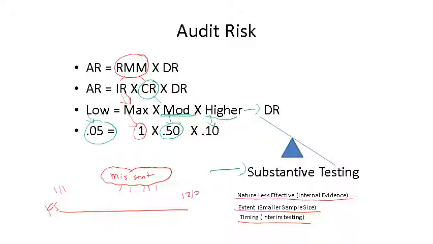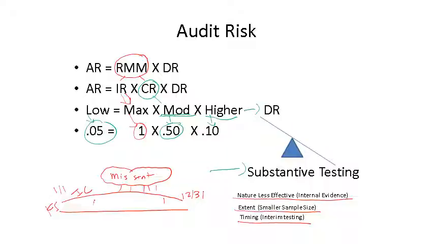It's raining down misstatements, but now we have a nice roof over that, and that roof is the internal control. Since we have that nice roof over our misstatement, maybe a few drops leak through, but for the most part, we're thinking, okay, this is in pretty good shape.